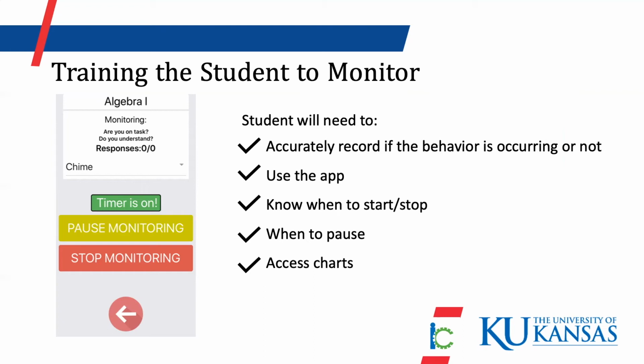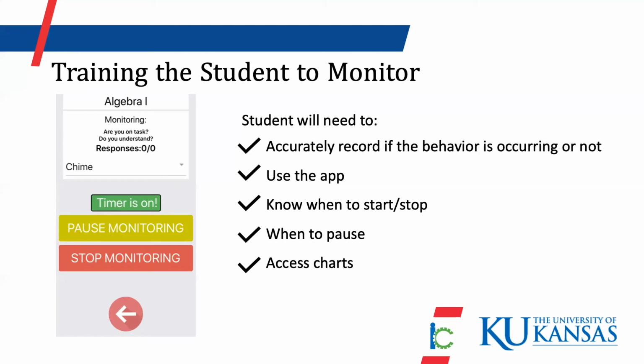equally important to learning to accurately record is figuring out how to use the app. I think this is a really crucial step that sometimes we skip. And so it's just helping students learn how to navigate the app, find where it is, and get to the monitoring session, which is pretty easy, but sometimes kids need just a little introduction to that.